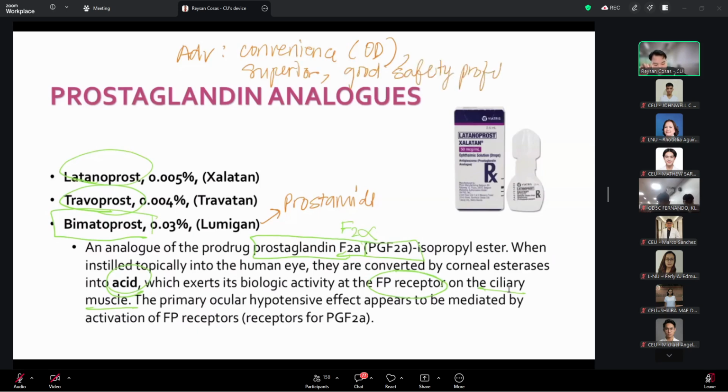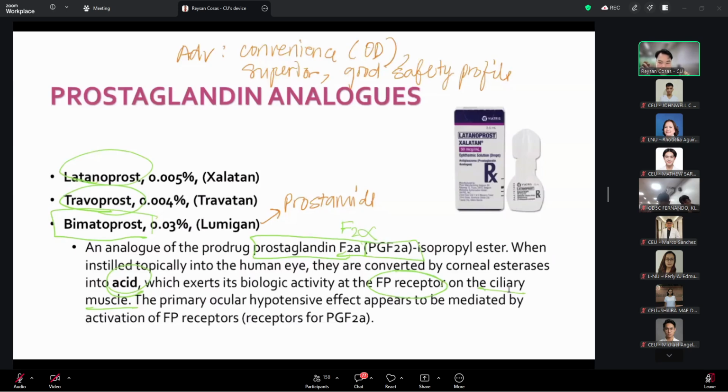So anong ibig sabihin ng good safety profile? They have no documented bad or severe adverse effects.